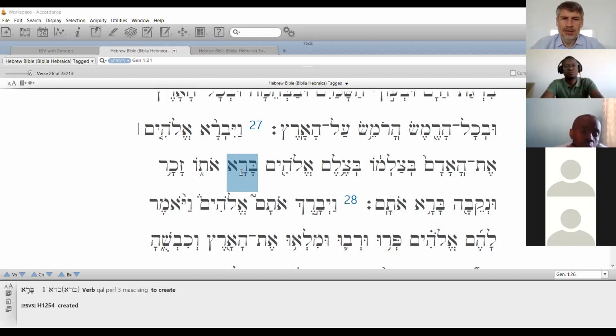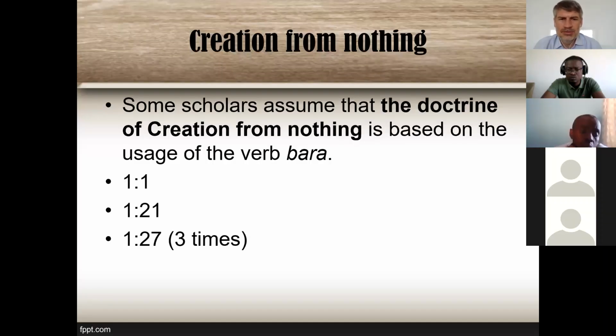Although man could be very similar to some animals, it is a completely new creation, and it is emphasized by usage of this verb 3 times. So we can explain the usage of the verb bara in the first chapter as the reference to the new stage of creation.